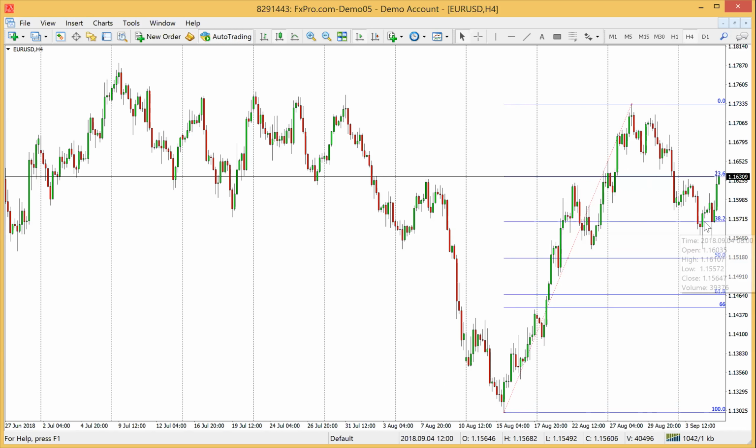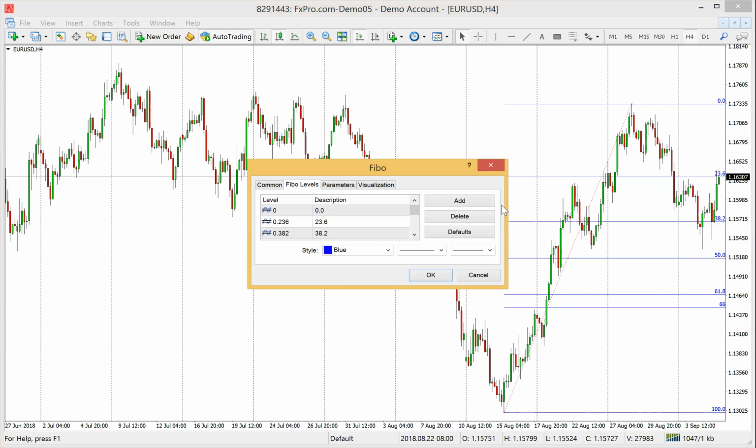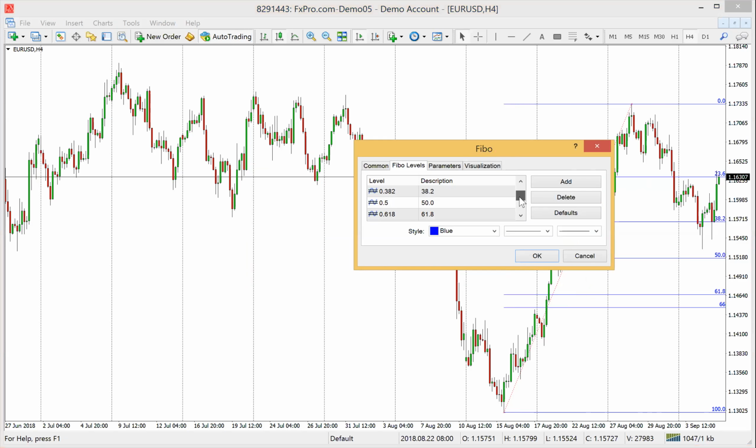When you draw your Fibonacci levels, the key levels are between the 38.2 level and the 66.0 level. When you put the Fibonacci onto the chart, if you right click, go to Fibo properties and scroll down, you can see that what you do is click add and enter 0.66, or 66 there.